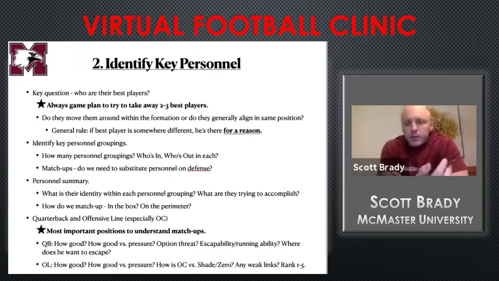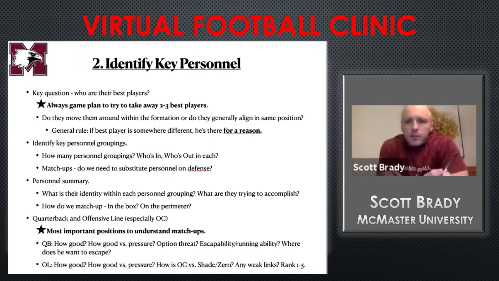One of the big things that we're trying to identify is, do we know where this guy's going to be? If you can say with certainty that their best player is always going to line up at the X receiver, that boundary number 1, you can have multiple answers for how you're going to take that guy away. If he's always going to be in that weak side slot, you can have multiple answers for how you're going to take him away, or are they going to move him around?